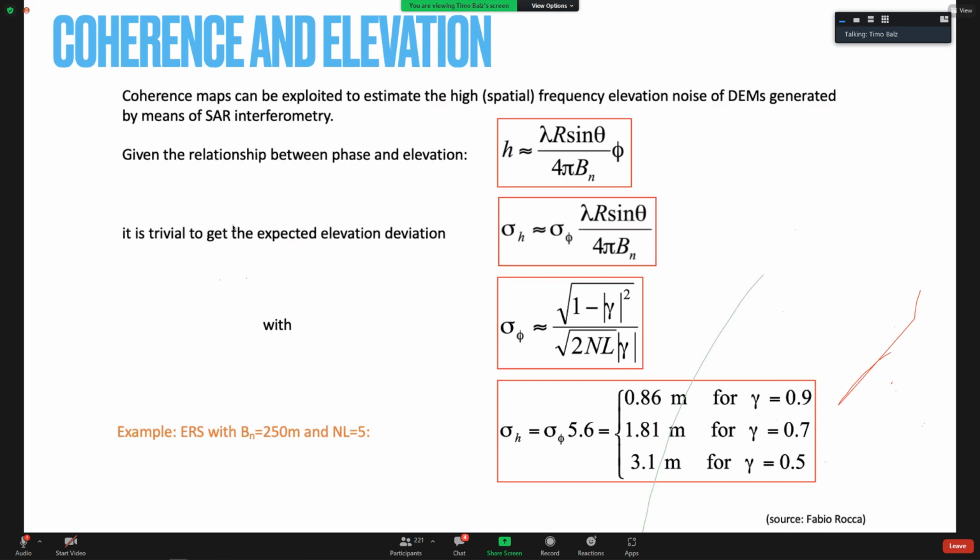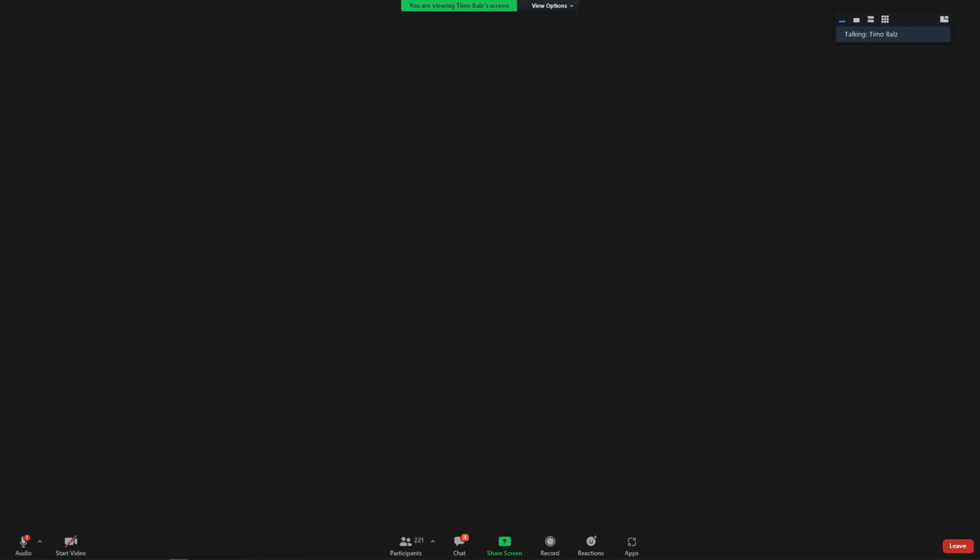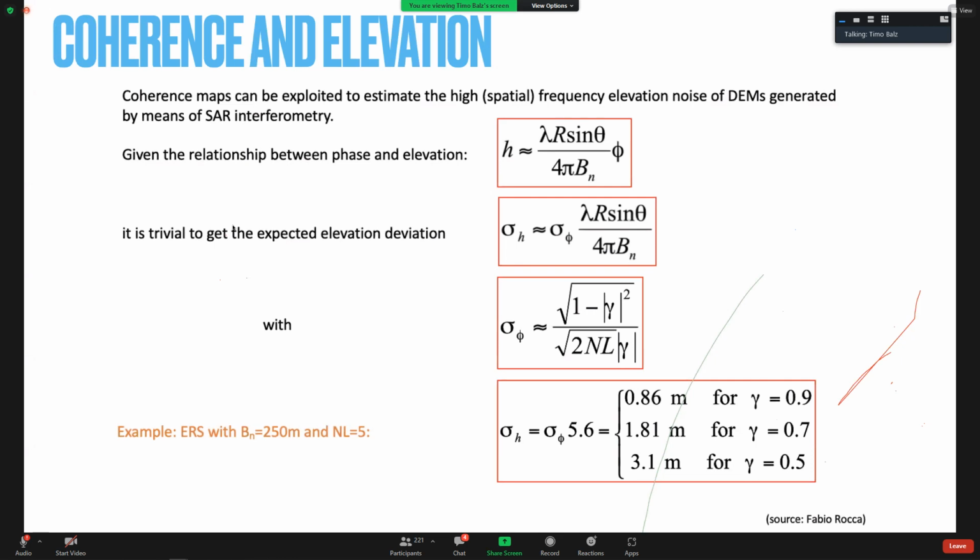By putting it in the equations, for example, if we have a very good coherence of 0.9, we may reach an elevation deviation error from the elevation estimation of something like 80 centimeters.